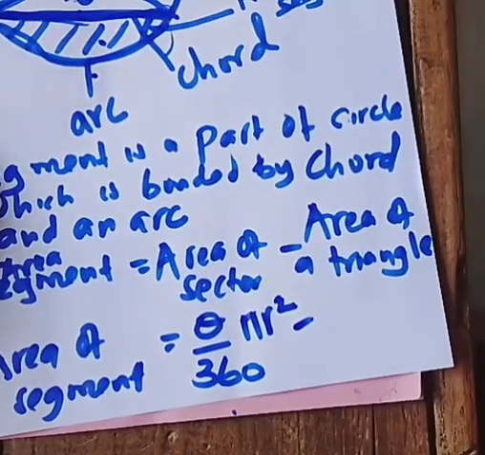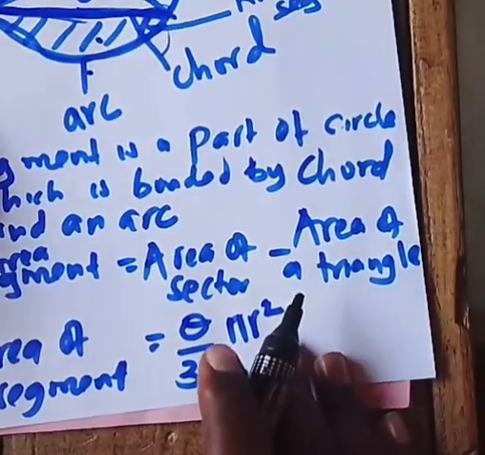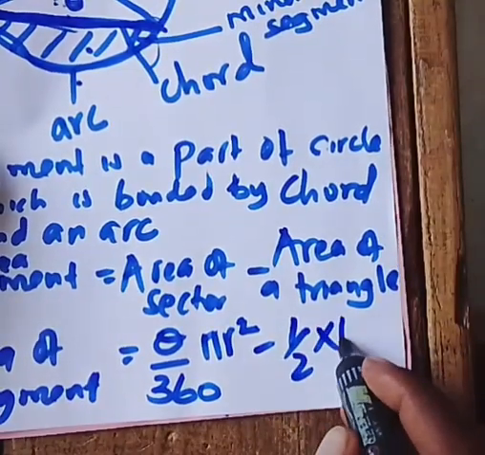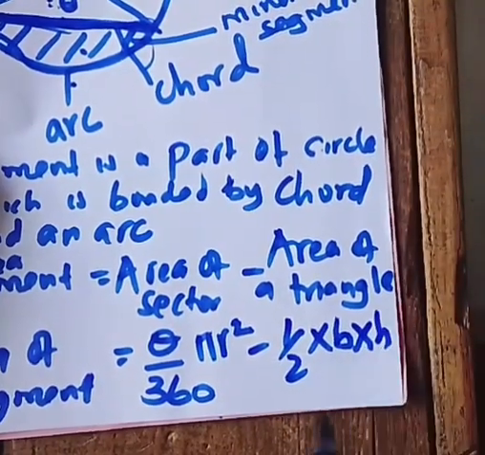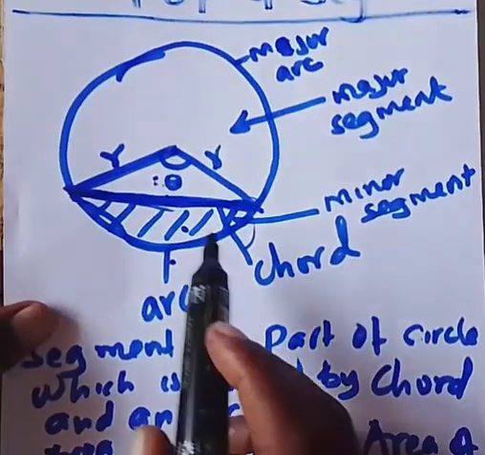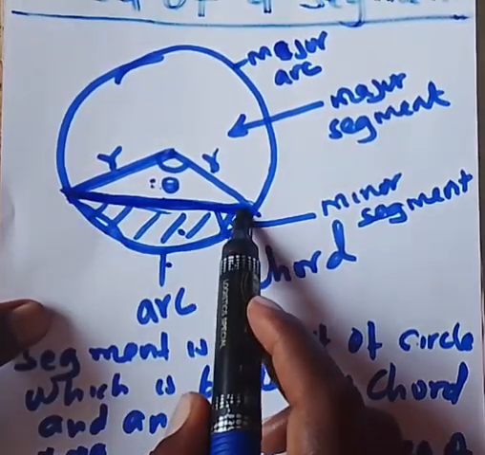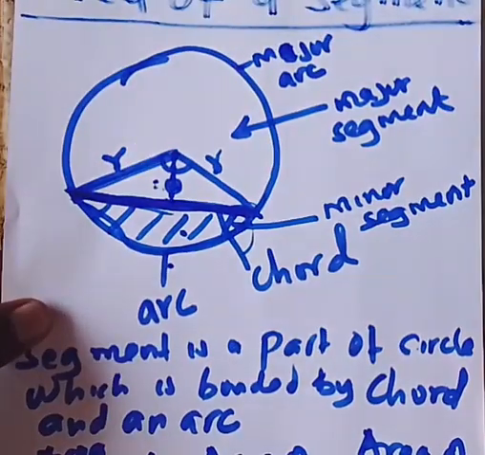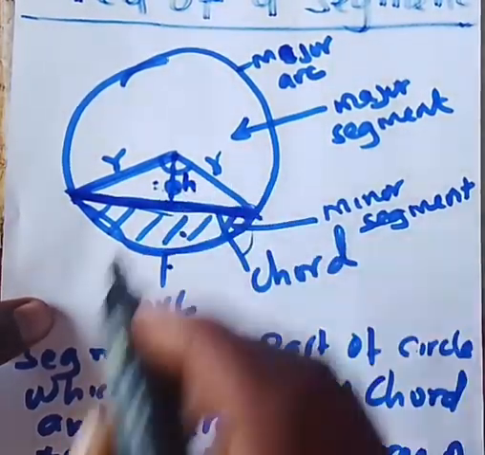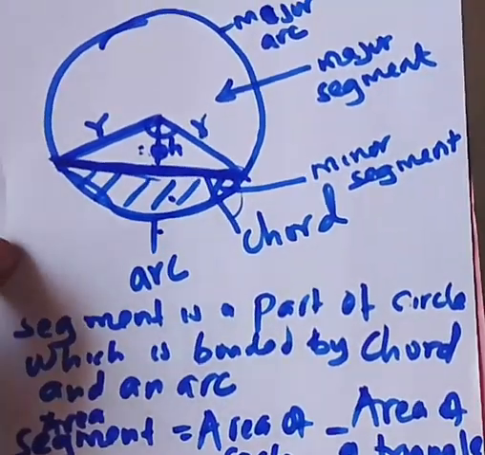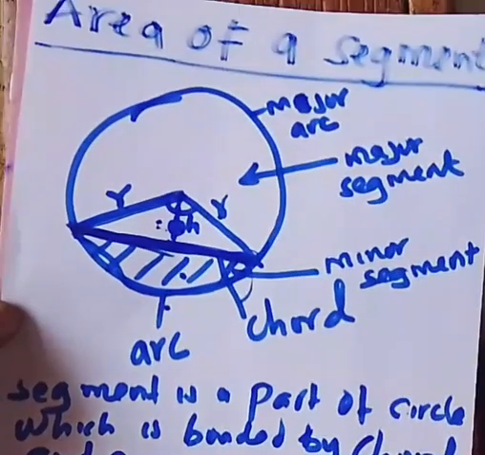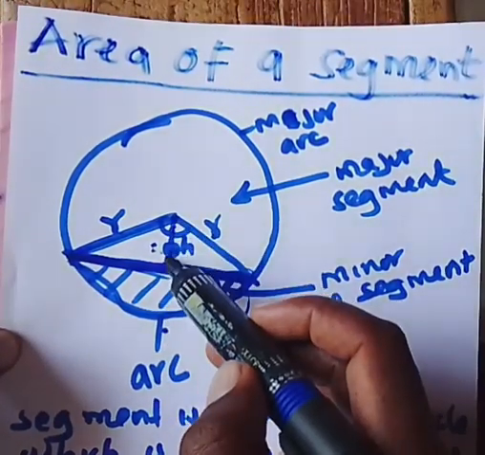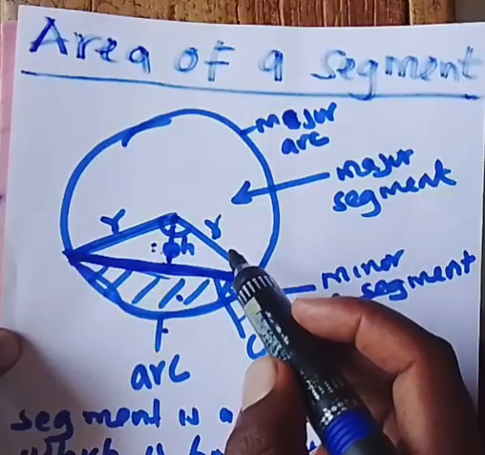Subtract the area of the triangle, which is simply given by half times base times height. Where is this base? The base is the chord, and the height is the perpendicular height from the center. This now will be our height. So when we will be solving some questions about the segment, we will be required to calculate this height.